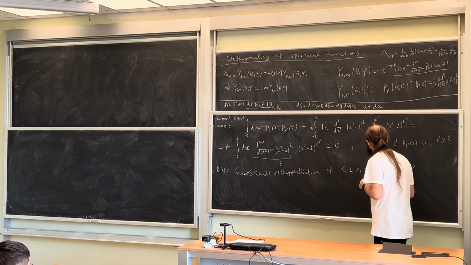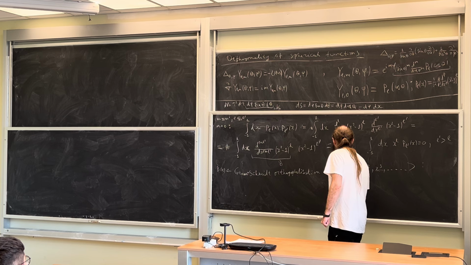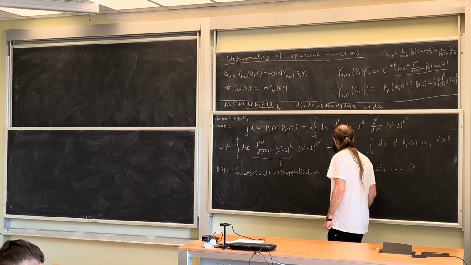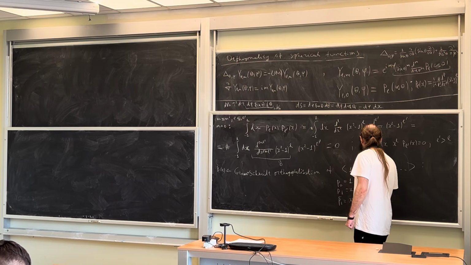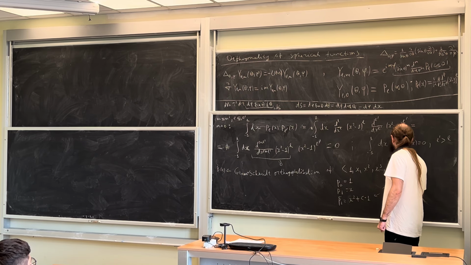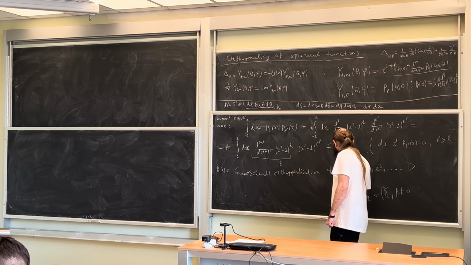So we write that P0 equals 1, P1 equals x, P2 equals, well, they are defined with some coefficients, but let us say that we have some other normalized polynomials. It will be x squared plus some coefficient times 1. And we need to find this coefficient from a requirement that P2 tilde scalar product with P0 is 0, and so on.